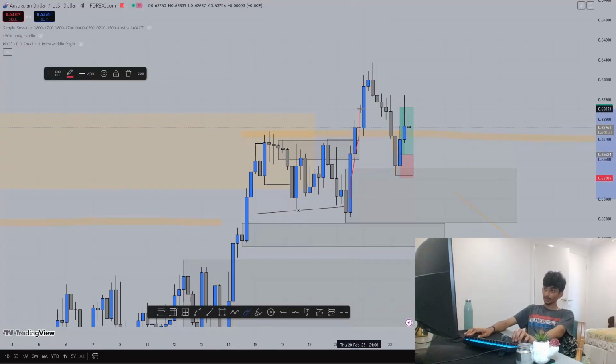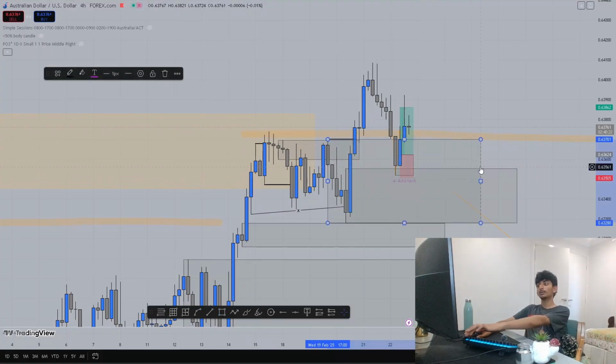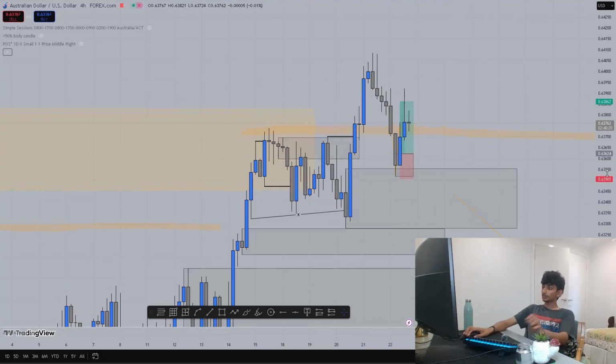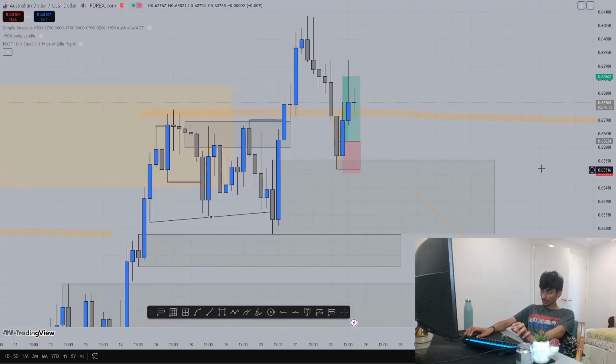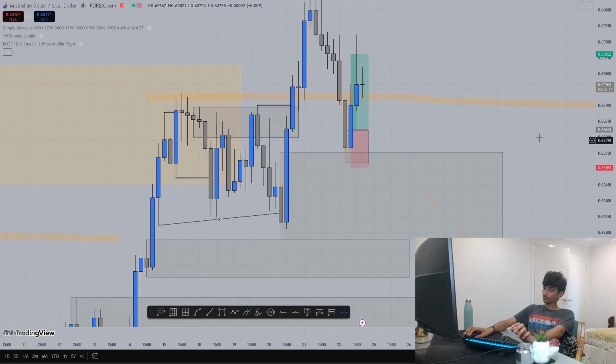After this break, I marked out this zone of demand. Technically, you could mark out this entire move down before the push up, but I like to refine my demand zone, so I refined it on the latest push down before the push up. And why is this the latest push down before the push up?